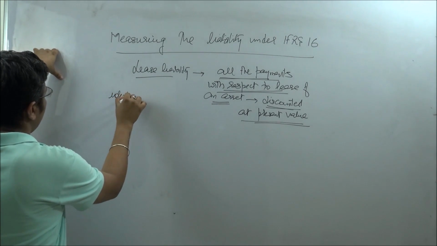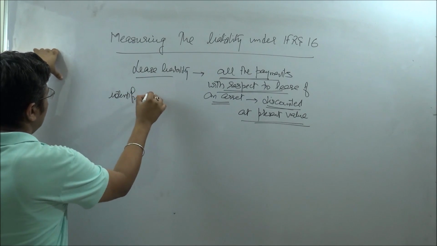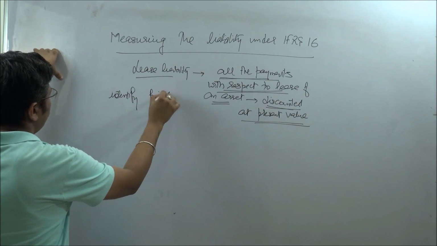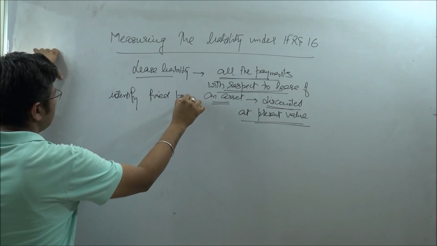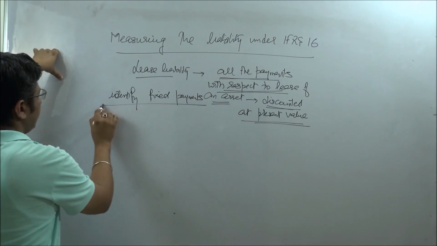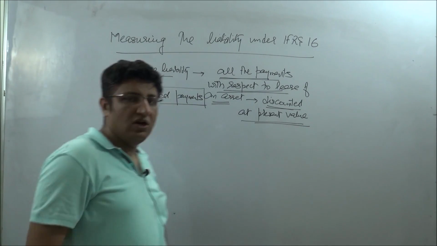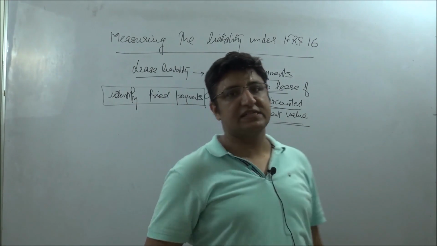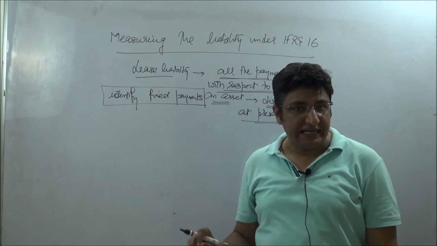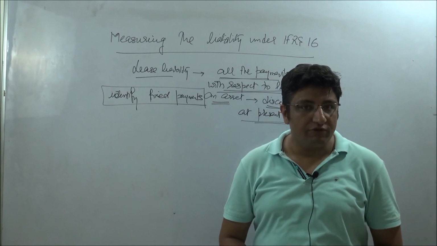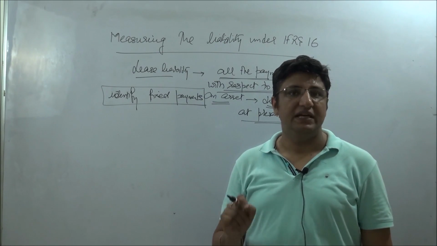Here what you need to consider is to identify fixed payments, right? That is one key criterion, that you need to identify all the fixed payments which are related to the use of the asset over the lease term.